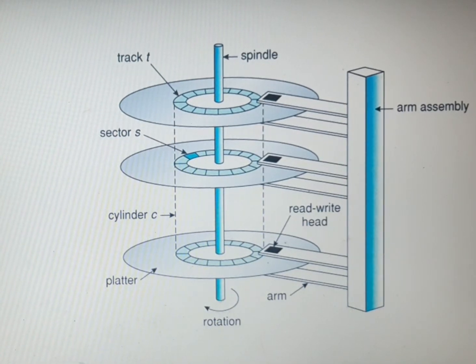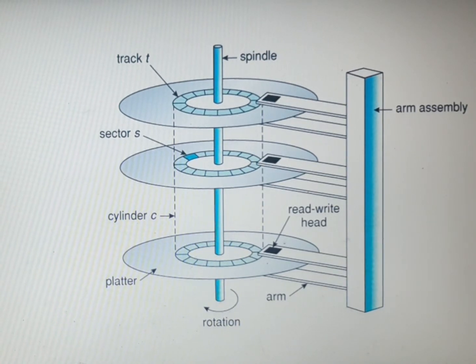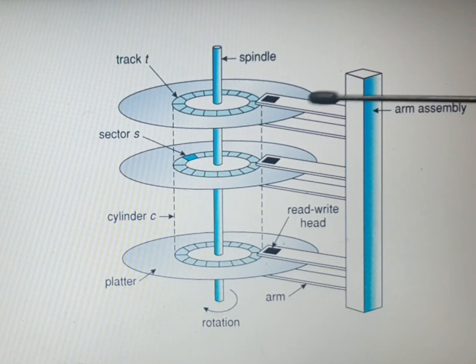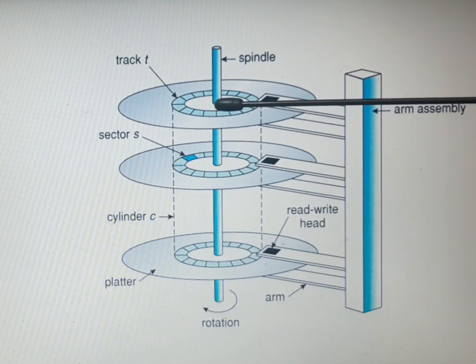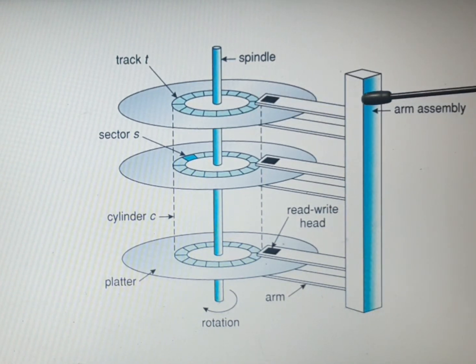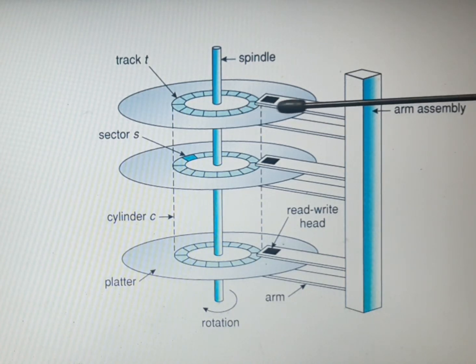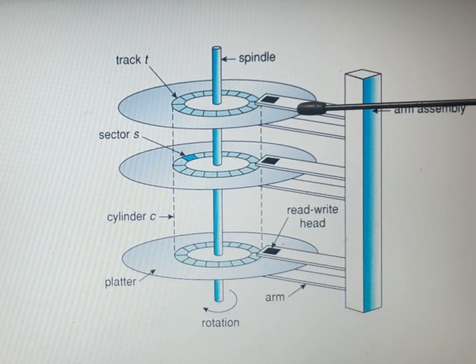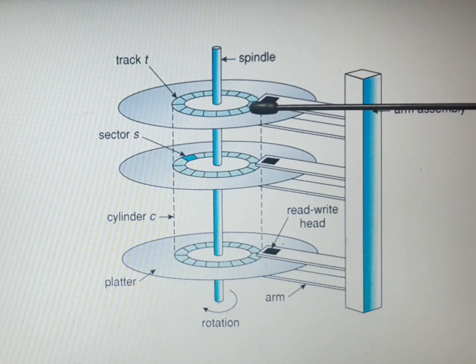They are used to read or write the data in the sectors on the tracks on the platters. The head moves in only two motions, either forward or backward. This is how it moves from each track to each sector on the platters.